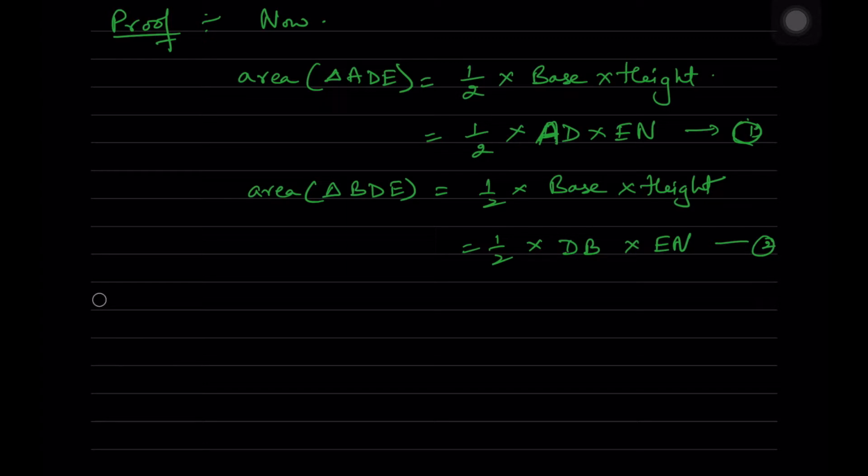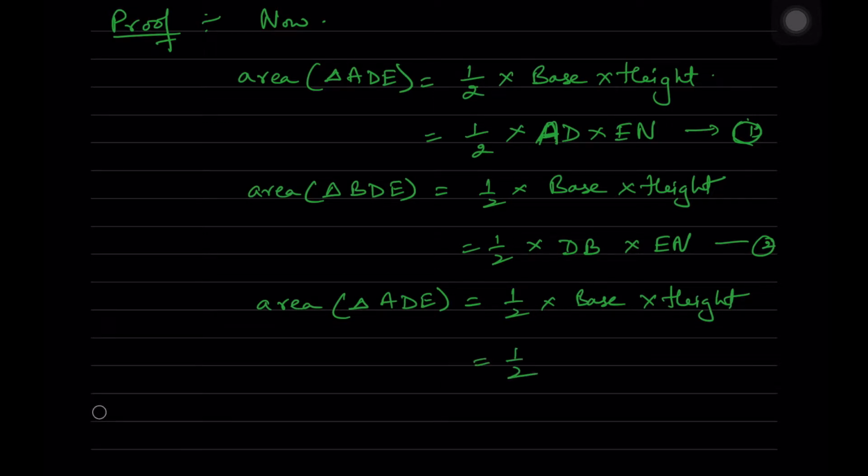Next, area of triangle ADE is equal to half into base into height. Wherever the perpendicular is, it can be external or internal, so we take that as the height.